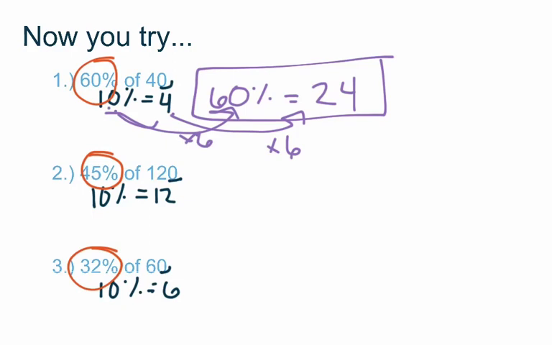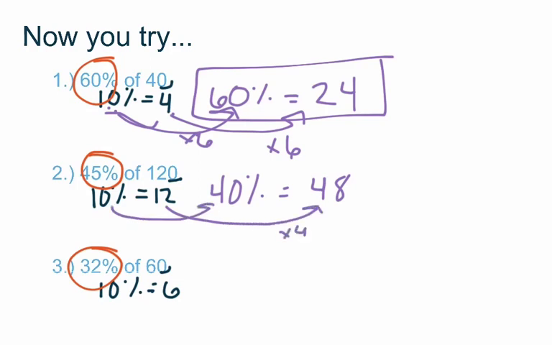Next problem. If 10% of 120 is 12, I know that 40% is going to be 48. And I get that by doing 12 times 4, because 10 times 4 is 40%. Okay, but I don't want just 40%, I want 45%. So I need to find what is 5%.